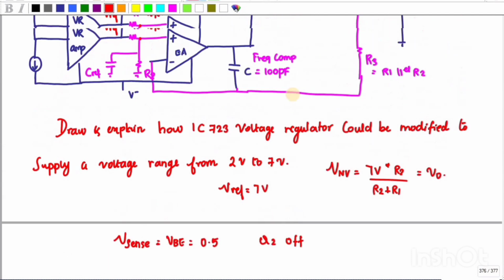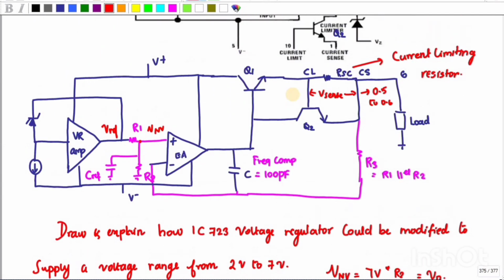So suppose when there may be a chance of short circuit, means if short circuit happens, more current will flow through this resistance, right? That will happen only when the input voltage is maximum, right? And also if maximum current flows, the voltage drop across this RSC will be more, right?